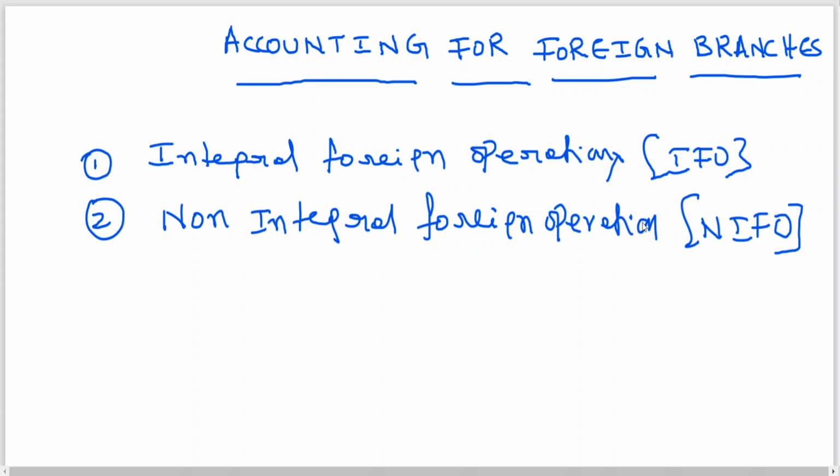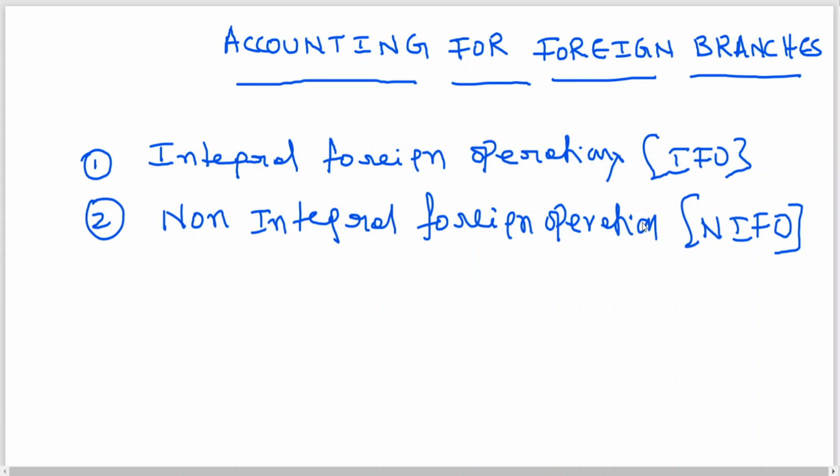The Dhaka branch is an integral part of Tata Motors Limited India. Whatever they are selling, they are getting from whom? The head office, that is the reporting enterprise. It is called an integral foreign operation.